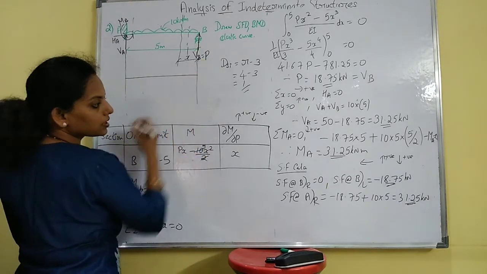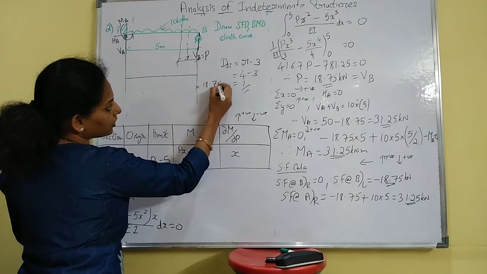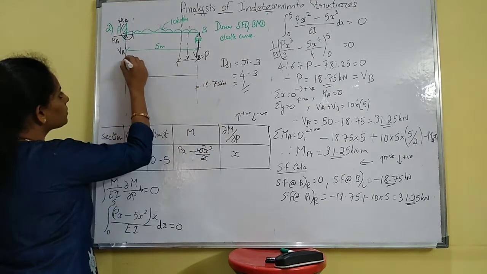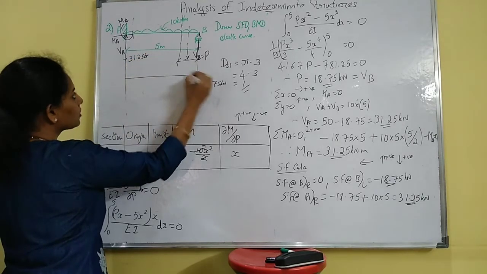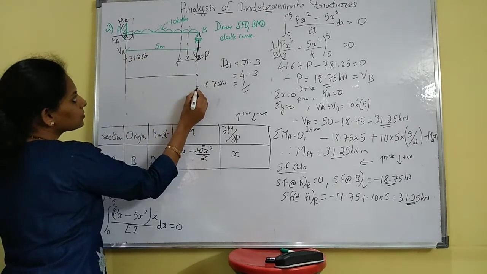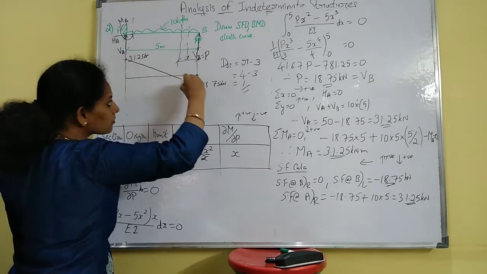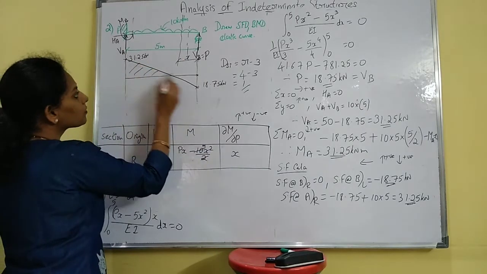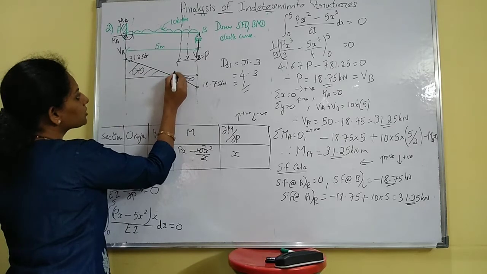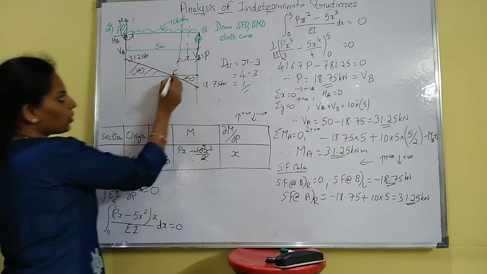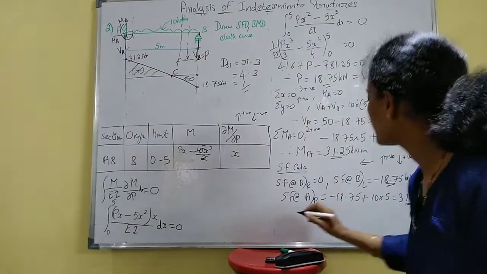So here it is minus 18.75 kilonewton, and here it is plus 31.25 kilonewton. Let's mark it. This is your shear force diagram. Just mark this point as C. At this point, you will have maximum bending moment. Okay, first find out bending moment.